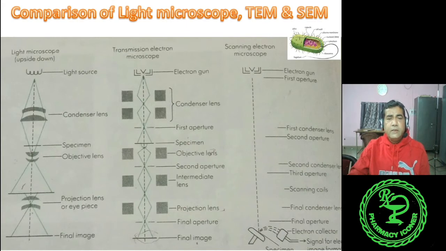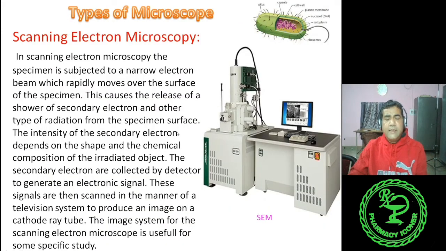So this is the scanning electron microscope. In the scanning electron microscope, the beam of electrons rapidly moves on the surface of the specimen. This causes release of a shower of secondary electrons and other types of radiation from the specimen surface. The intensity of the secondary electrons depends on the shape and the chemical composition of the irradiated object.